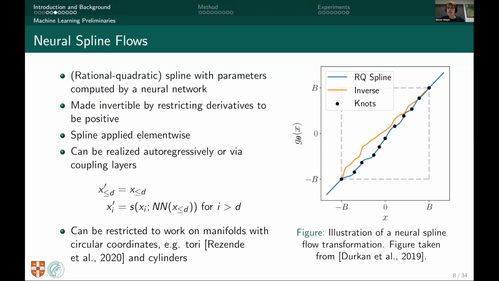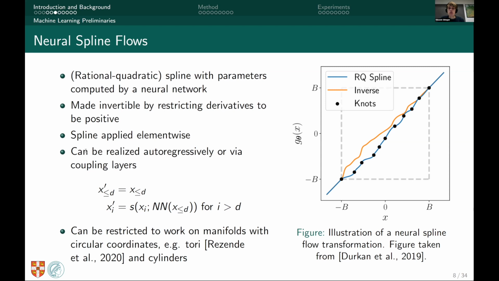If we restrict this spline so that the derivative is always positive, then you have a strictly increasing function, which is invertible, and which you can use to construct a flow. Such a spline is then applied element-wise to the random variable you want to map.